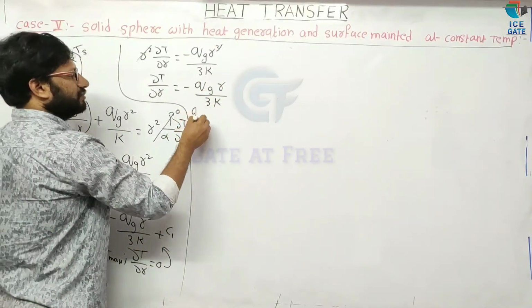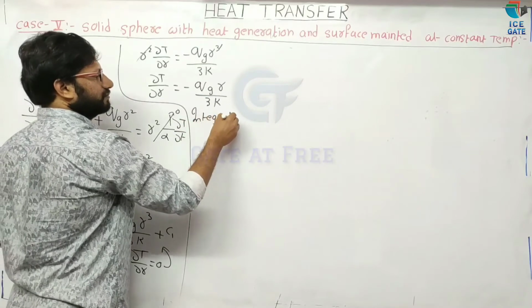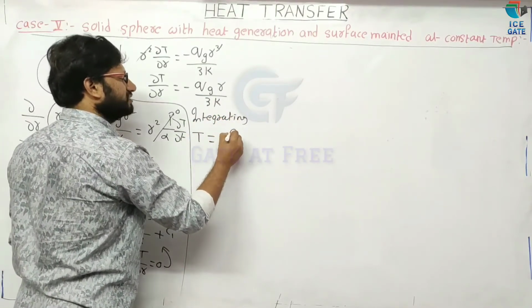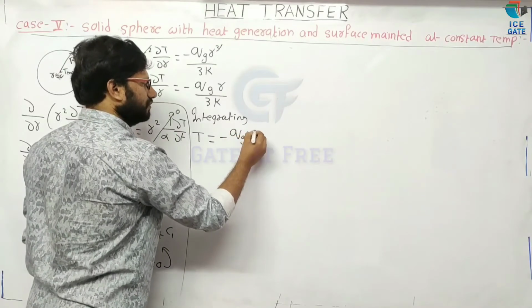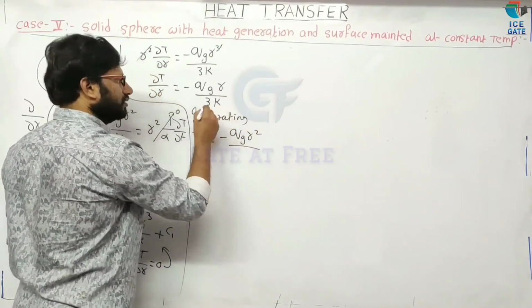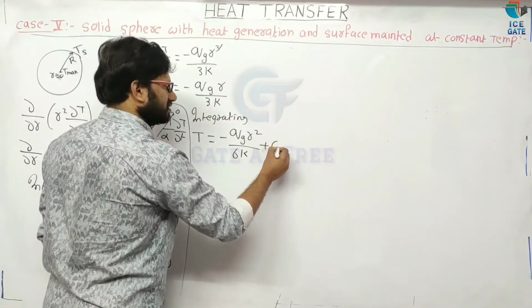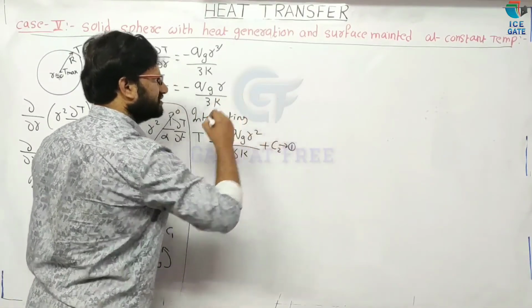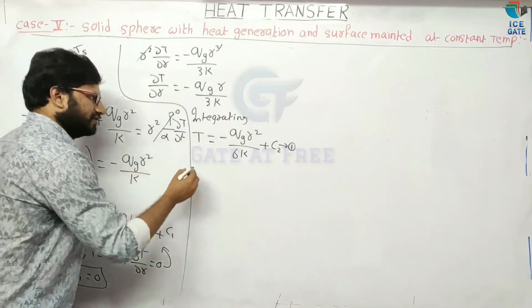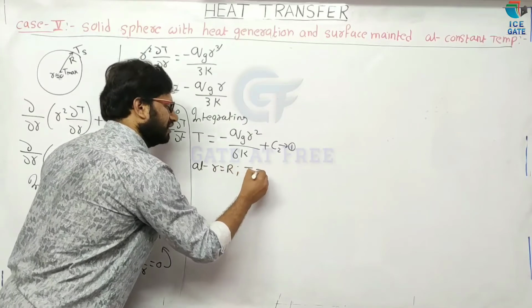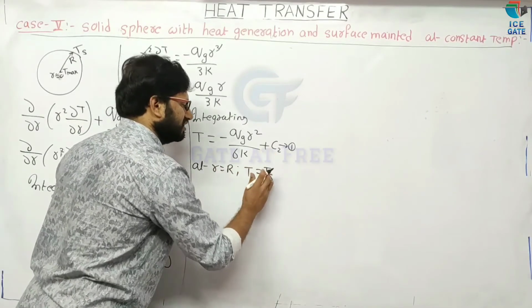Now, again integrating on both sides, we get T equal to minus Qg r²/6k plus C2. Make this equation 1. Now take another boundary condition: at r equal to capital R, T equal to the surface temperature Ts.